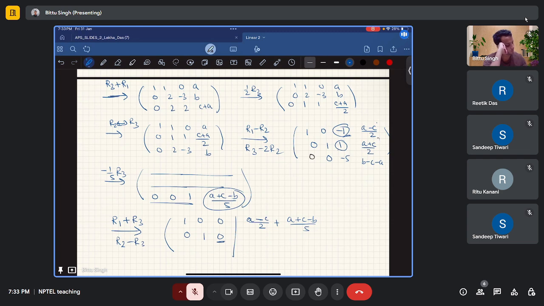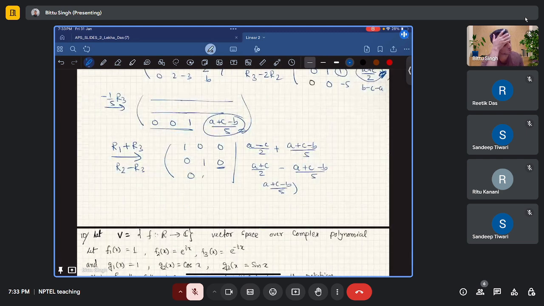R2 means it is (a plus c) by 2 there, minus the R3 corresponding element, (a plus c minus b) by 5, and this is again (a plus c minus b) by 5.